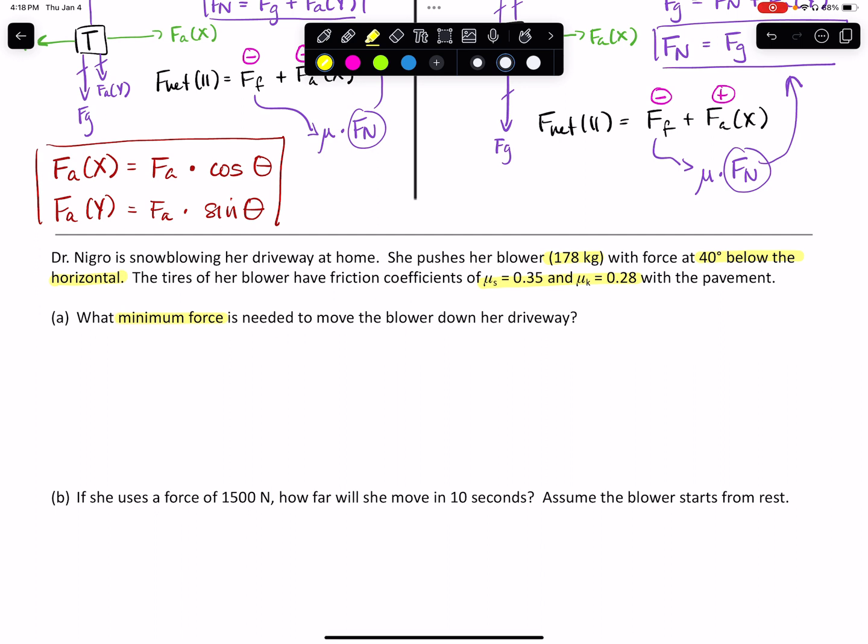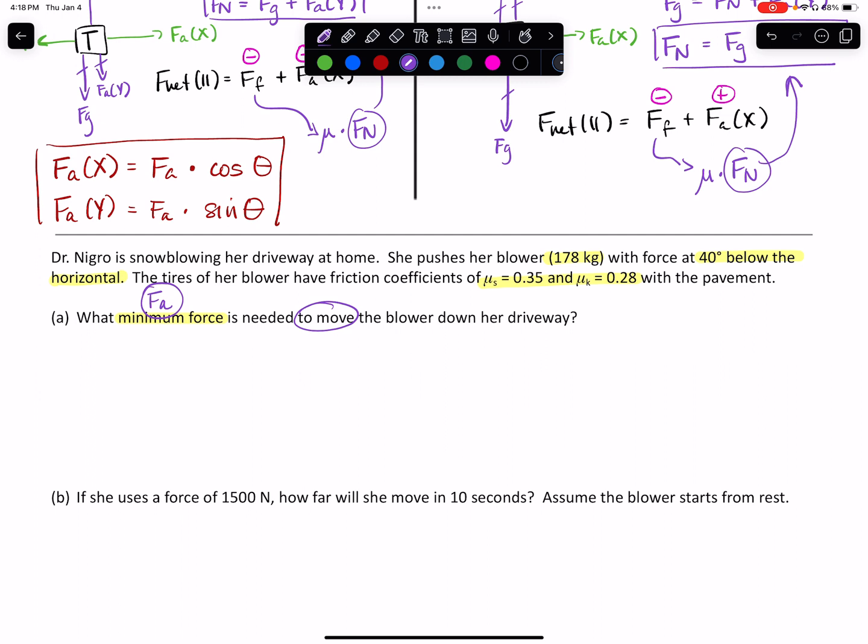So that minimum force means that we are looking for the applied force that I will be applying at this angle of 40 degrees below the horizontal. So we're not looking for a component, we're looking for the actual force itself. And it says to move the snowblower.